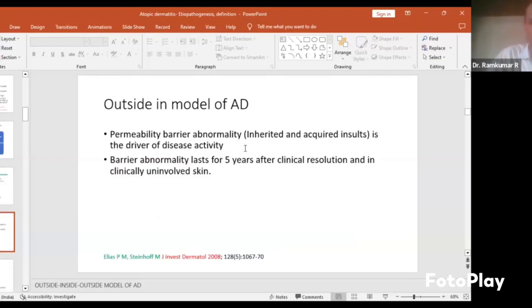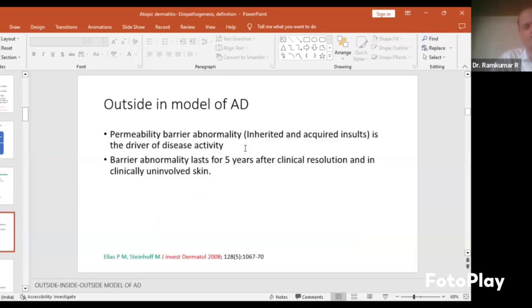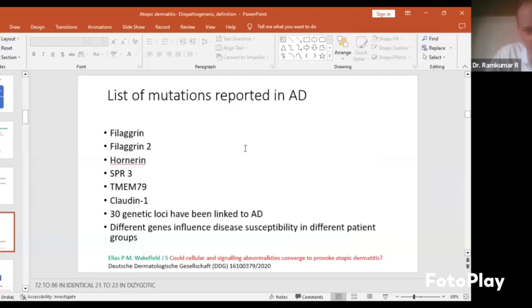The outside-inside hypothesis was proposed by Elias and Steinhoff. They noticed a barrier abnormality even 5 years after clinical resolution in children or adults who had atopic dermatitis. So they proposed that some inherent insults should be the primary driver of disease activity.